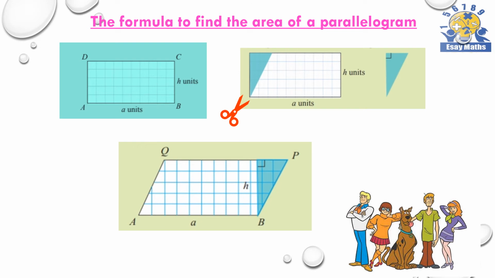Area of this parallelogram is equal to the area of the rectangle. Because why? We use the initial rectangle to create the new parallelogram. So the area of the rectangle should be equal to the area of the parallelogram.